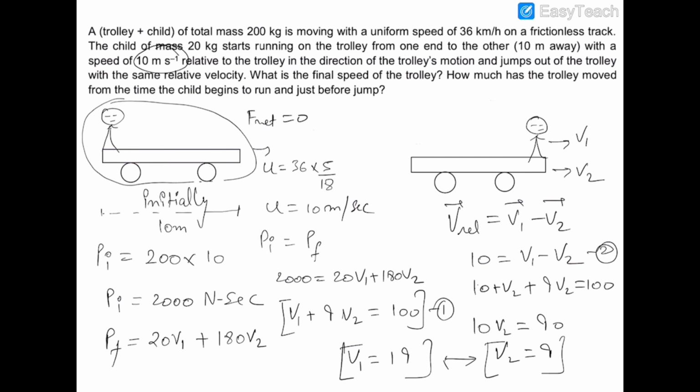Now we have to find the distance by which the trolley has been displaced in the time when the child moves from its left hand to the right hand. For that, the time taken by the boy to move from left hand to the right hand will be the distance, which is 10 meters, upon the v relative. Now v relative is also 10, so 10 upon 10 is 1 second.